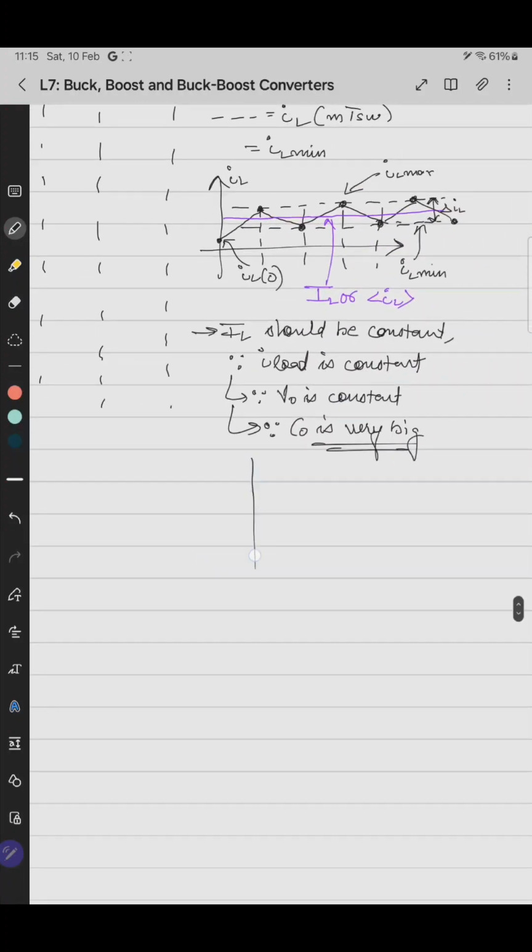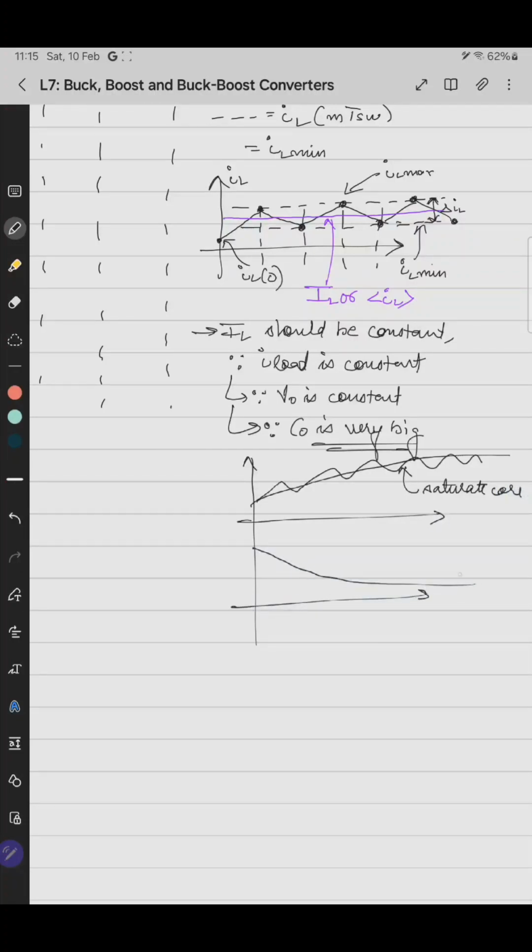So what will happen is, this will happen, which will saturate the core, which means that now the inductor will not behave like an inductor. So in these two cases, IL max and IL min are not equal.